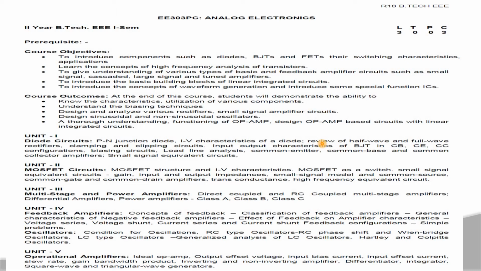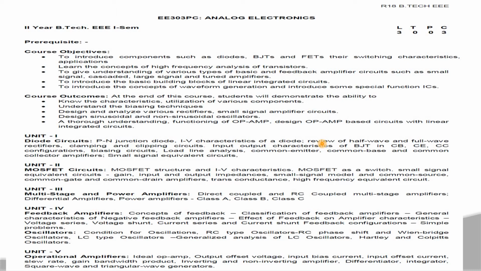We also need to know the basic fundamental theory about bipolar junction transistors and their configurations: common base, common emitter, and common collector configurations. Configuration means how you connect the circuit and how you bias the circuit according to the application requirement.